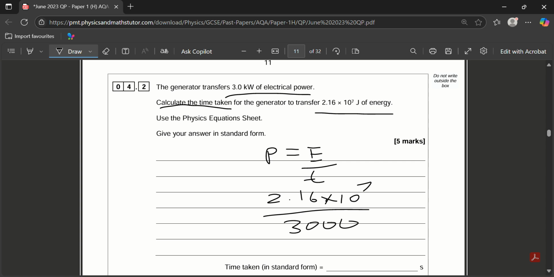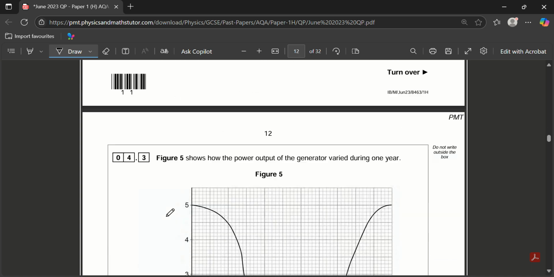Convert it to watts by timesing by 1,000. So if we throw this into our calculator, which I'm trusting again, I'm going to get 7,200. Oh, nearly made a mistake. It's in standard form. So it's actually going to be 7.2 times 10 to the 3 seconds. So it seems very straightforward, this question, only using one equation for 5 marks. I guess your mark is just for knowing what the equation is, rearranging it, converting into standard form, and converting kilowatts to watts. Those are probably your key marks.